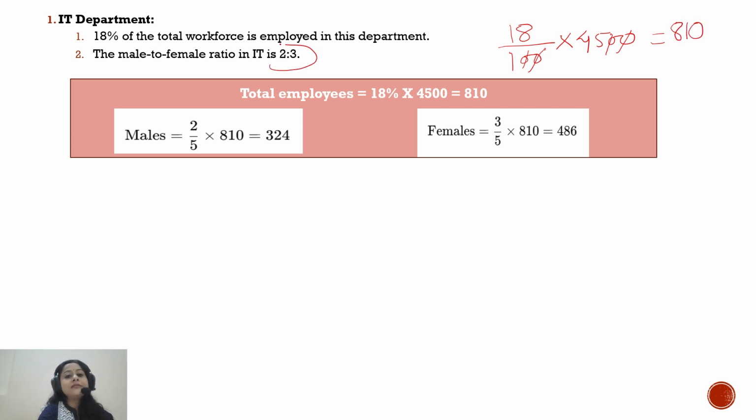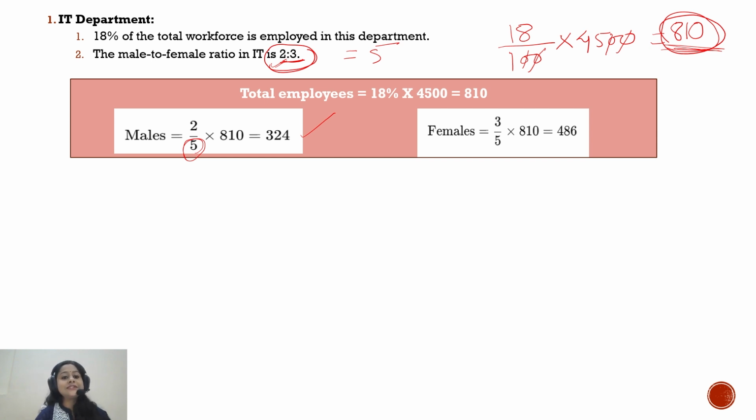Now since the ratio is given, and we have the total number of workforce in the IT department, how will we find out the number of males and females? It is very easy. You first have to find the sum of this ratio, which is 5. For male, since male corresponds to the first term, it will be 2 by 5 into 810, that is the total number of employees, which will give you 324.